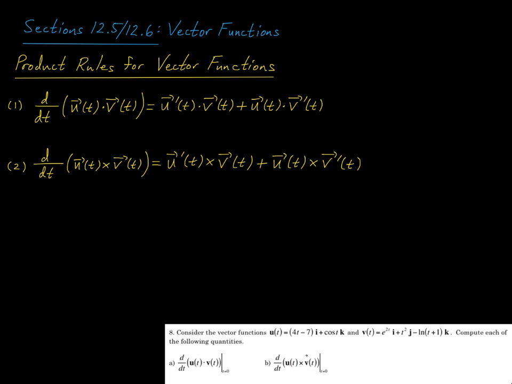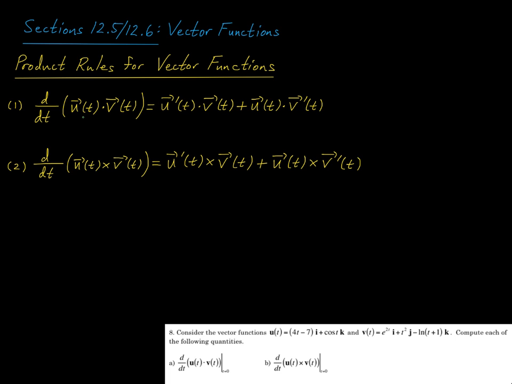Okay, so seeing the derivative of a product likely brings the product rule from Calc 1 to mind. And it does turn out, although I'm not going to go through the proofs in these videos, you can see a proof in the textbook, that there are actually two types of product rule here for vector functions, as you see below.